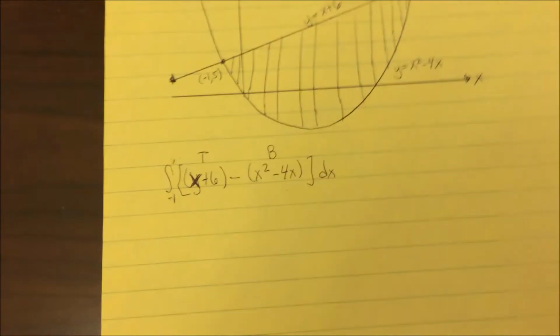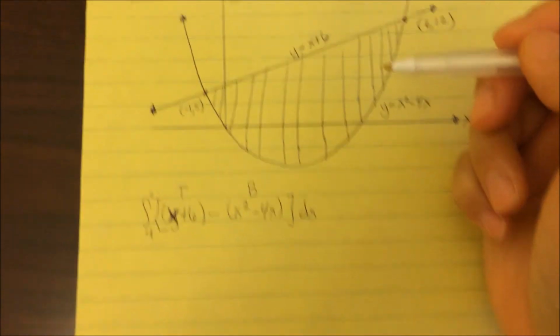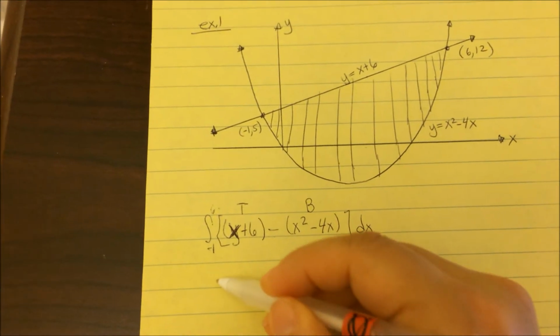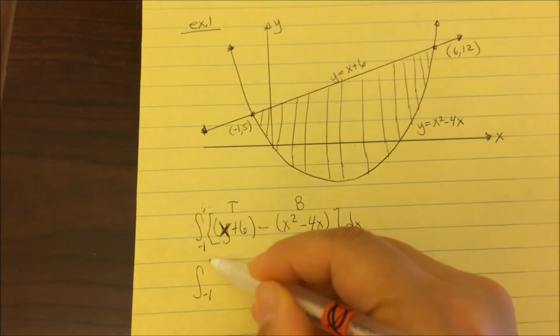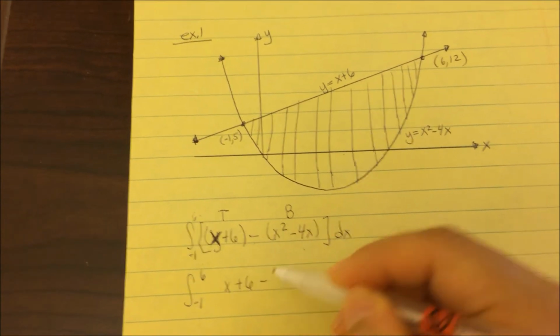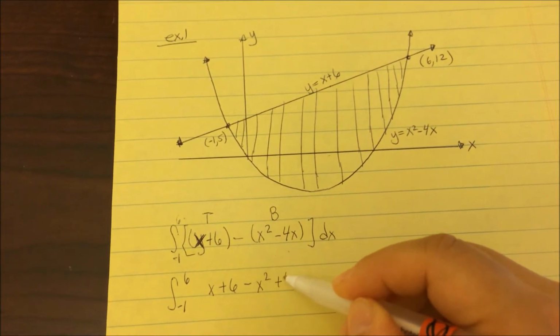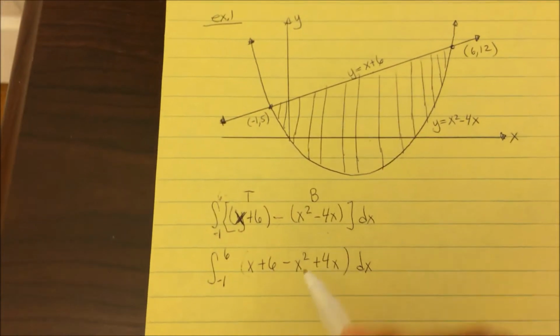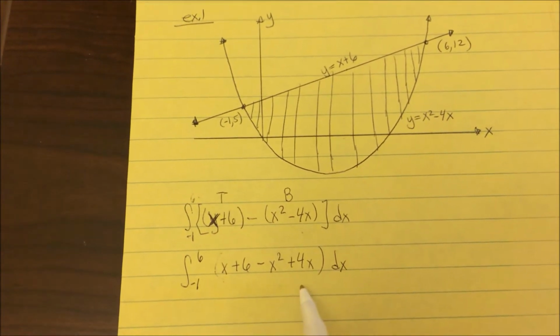Now it's just simple integration from here. I'm going to distribute the negative in and combine like terms. So from -1 to 6, I have x plus 6 minus x squared plus 4x, dx. Then we combine like terms, because an x and a 4x can combine.